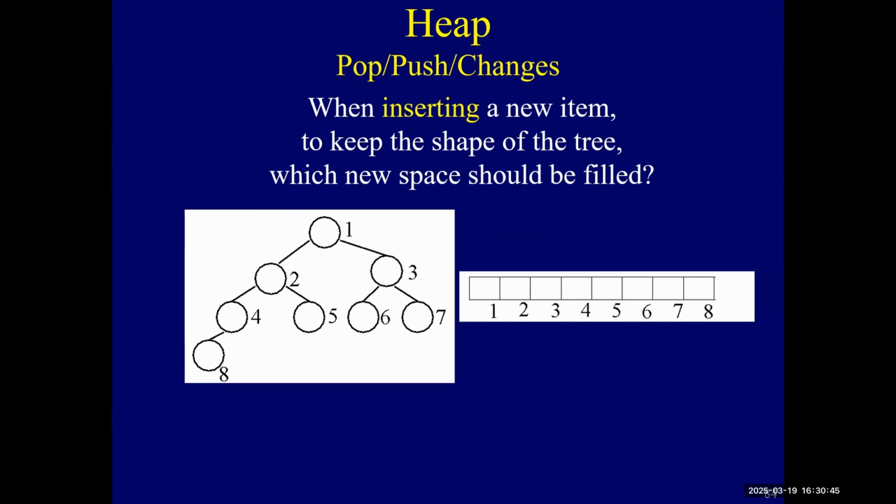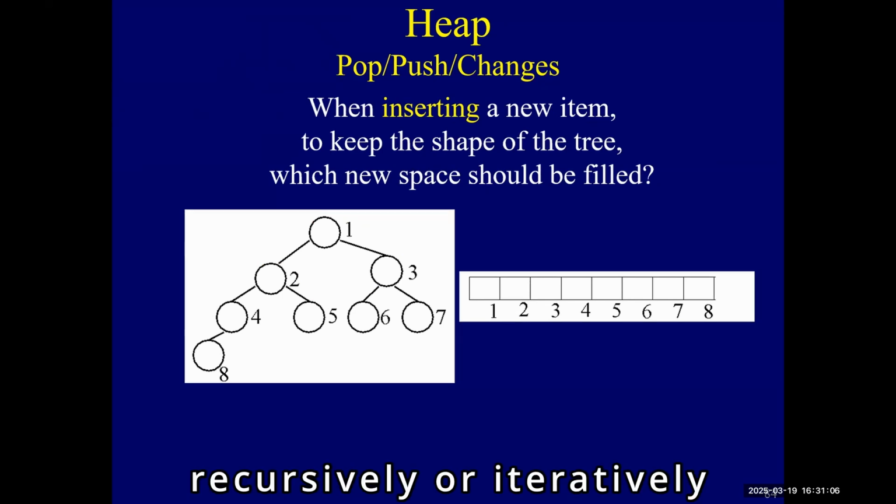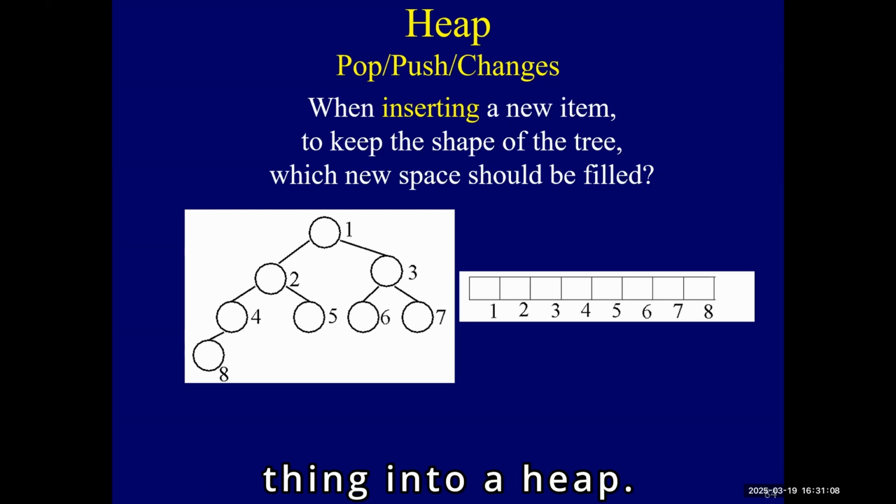Yeah. So you're given it. Remember, we called make heap. You're given an array, random, arbitrary, and you think about it as a tree in the right shape. And then you either recursively or iteratively make the whole thing into a heap.